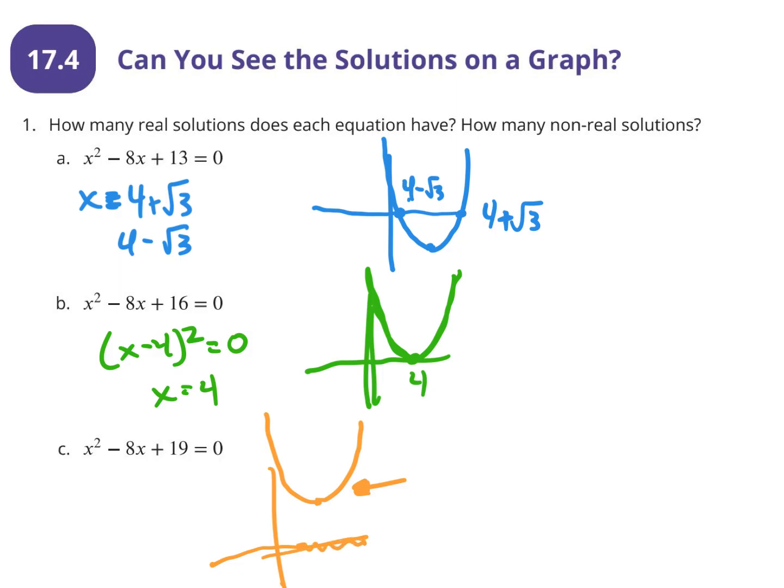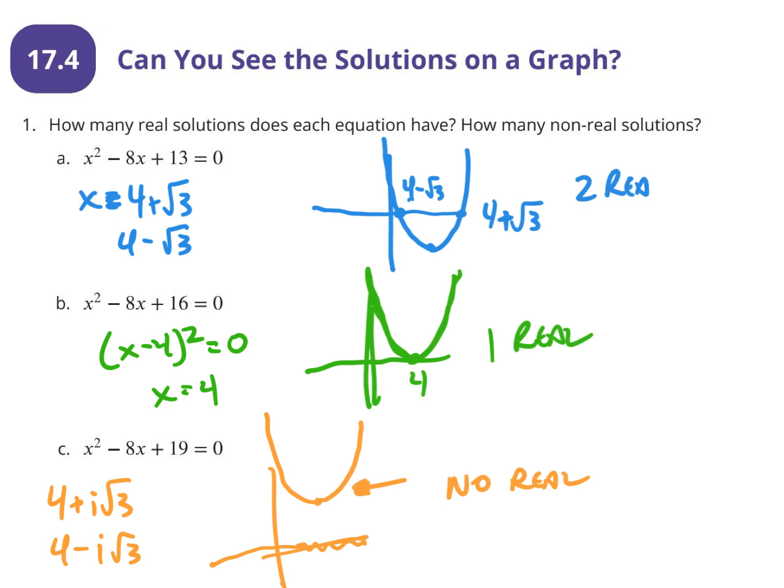That's what no real solutions means, and we saw that in the previous example. So this is 4 plus i root 3 and 4 minus i root 3. This had one real solution, which means it touches the x-axis once. And this had two real solutions, which means it touches the x-axis twice.